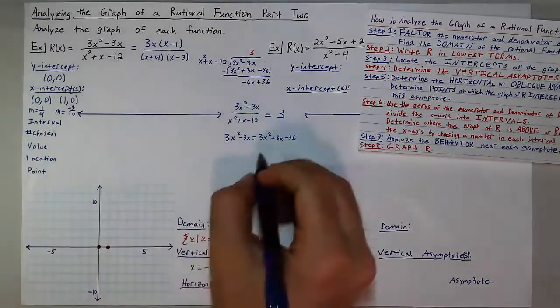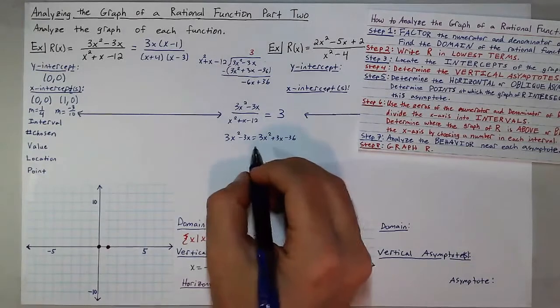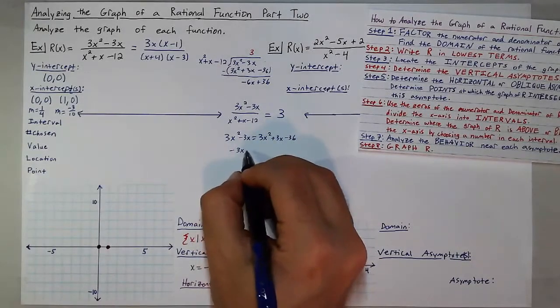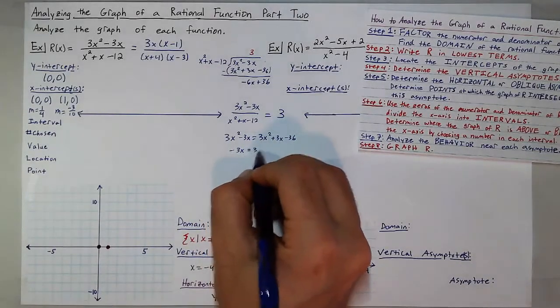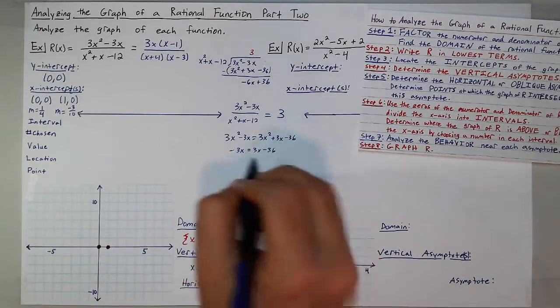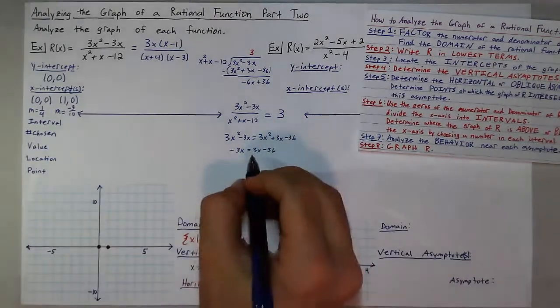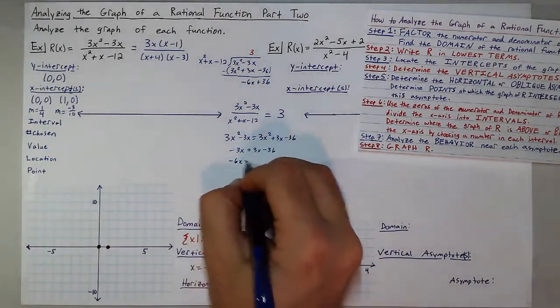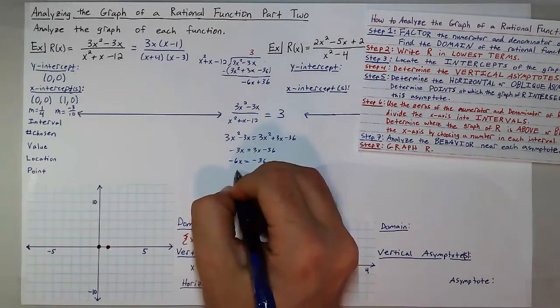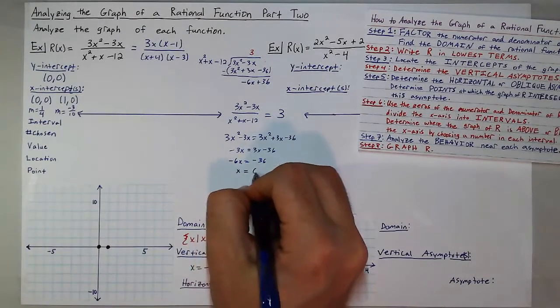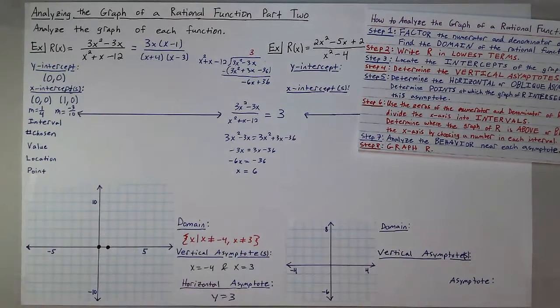I can subtract 3x squared from both sides. That gives me negative 3x equals 3x minus 36. I can subtract 3x from each side, so that gives me negative 6x equals negative 36. And then x equals 6. So at x equals 6, it touches my horizontal asymptote.